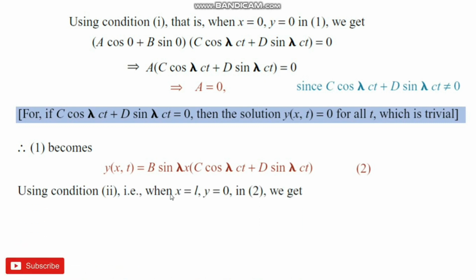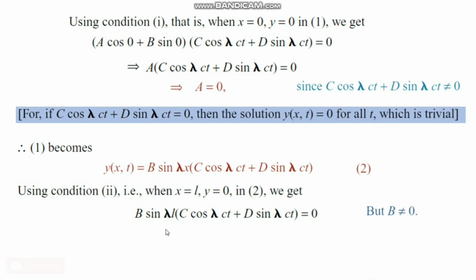Using the second boundary condition, that is a zero condition, when x is equal to L, y is equal to 0. Substituting, b sin lambda L, so instead of x we have written L, and y(L,t) is equal to 0. You can see 0 on the right hand side. Otherwise the solution is a trivial solution, but we need a non-trivial solution.